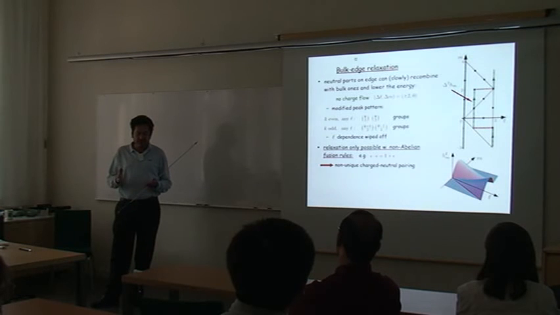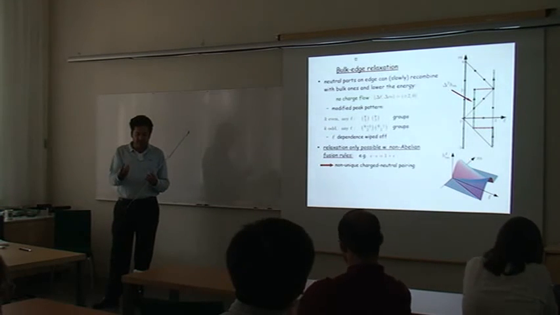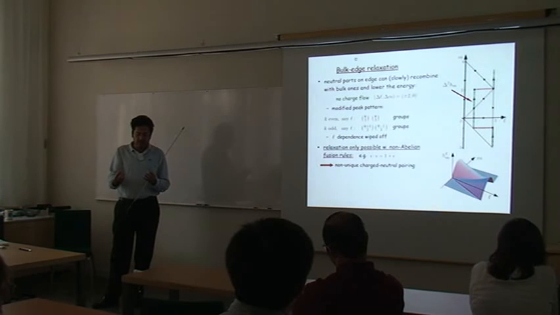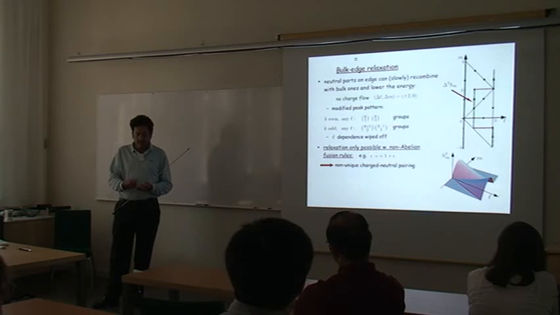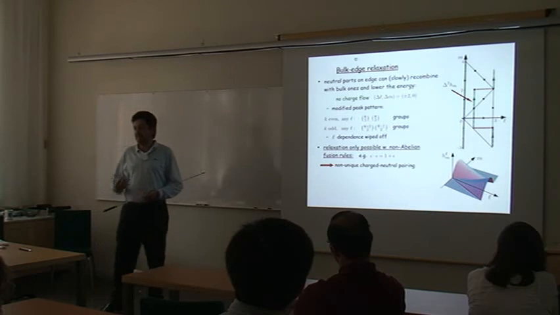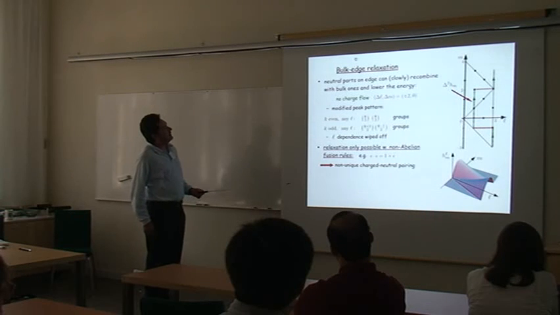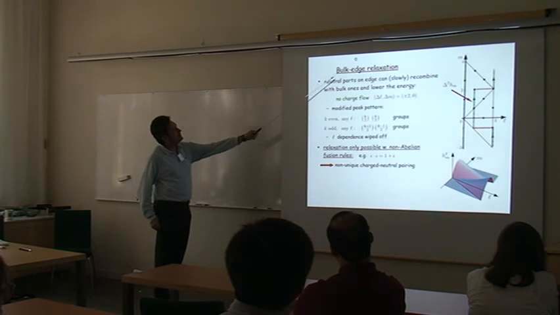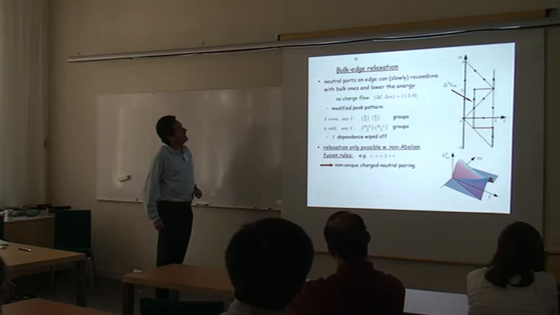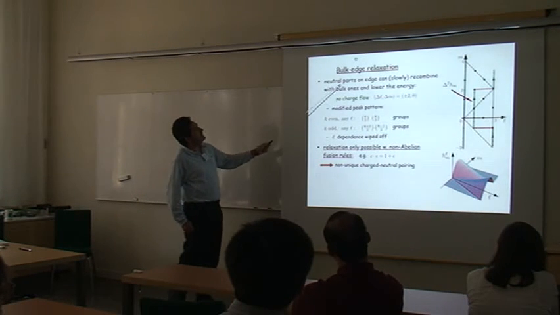Somehow this excitation inside the droplet should interact with the edge and decay. So maybe it takes some time. Okay. Anyhow, if there is such relaxation between bulk and edge, then the neutral part can change.